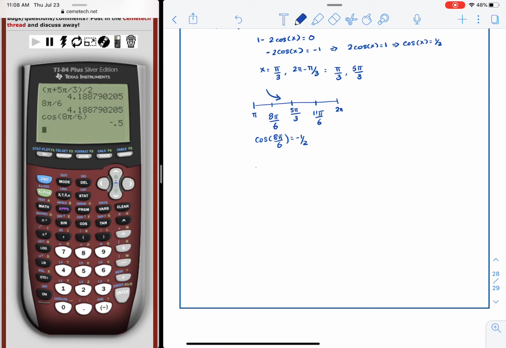And on that side, cosine 11 pi over 6 is positive. So the function is decreasing between pi and 5 pi over 3, increasing between 5 pi over 3 and 2 pi.